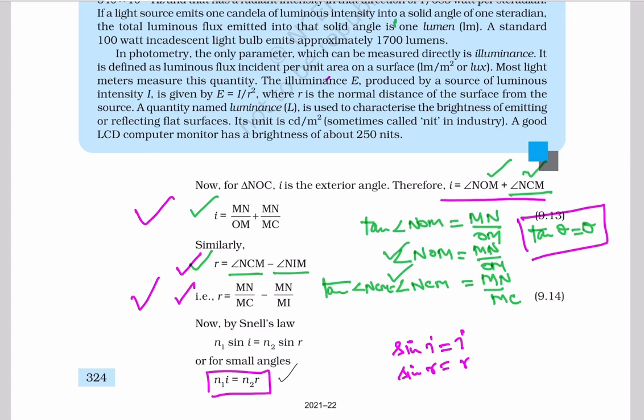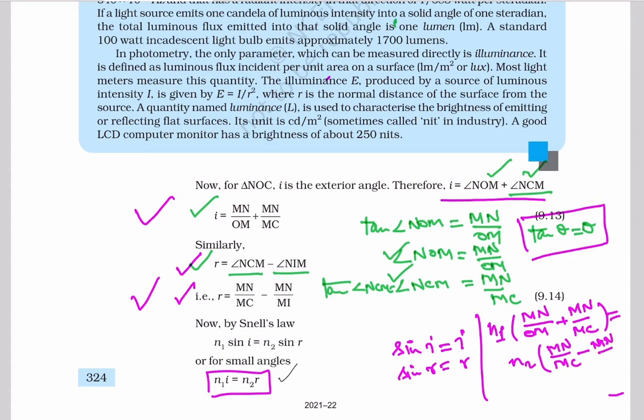So let's put these values. We'll have N1 times (MN divided by OM plus MN divided by MC) is equal to N2 times (MN divided by MC minus MN divided by MI).